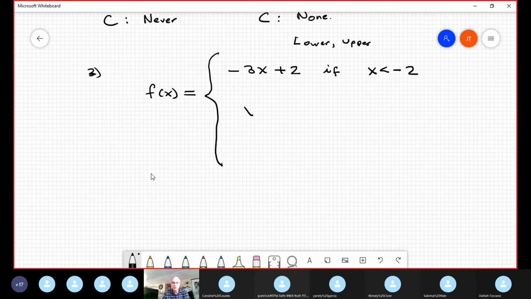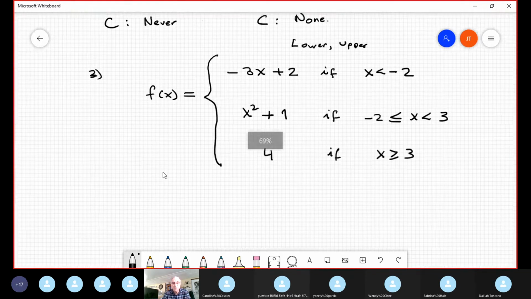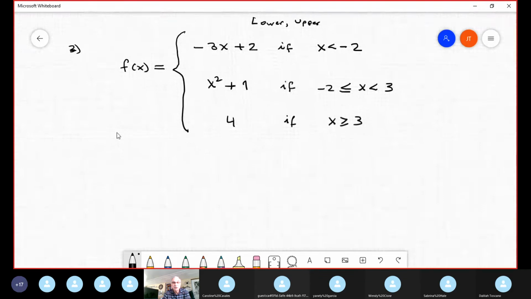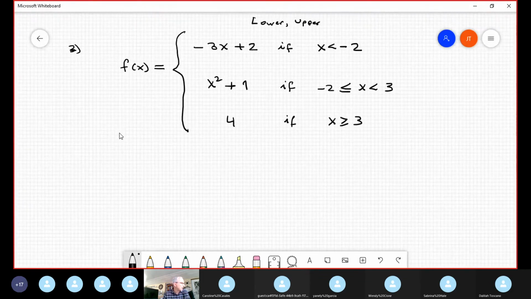And the expression is x squared plus 1 if x is in between negative 2 and positive 3. And just 4, a constant function, if x is greater than or equal to 3.